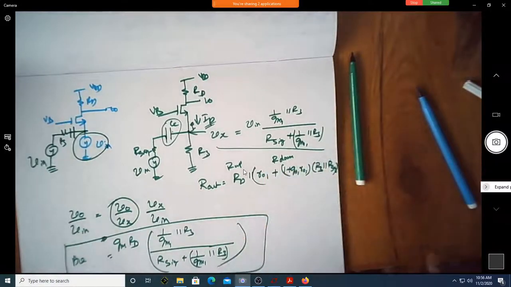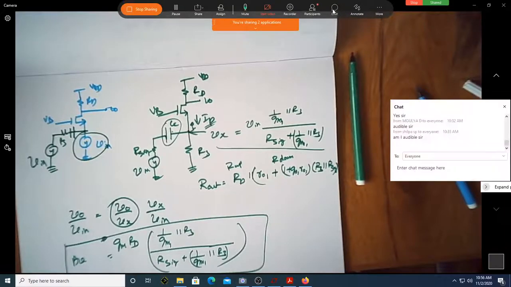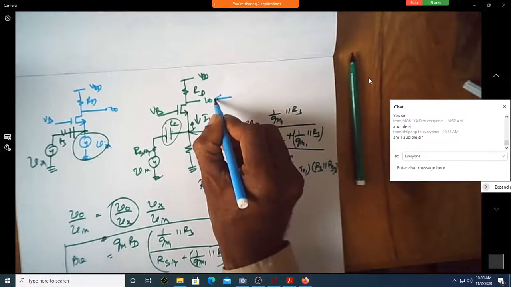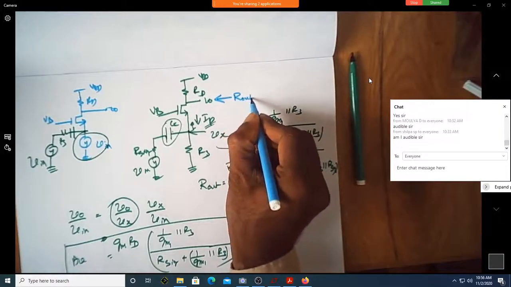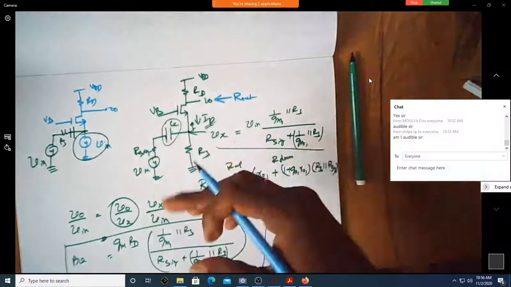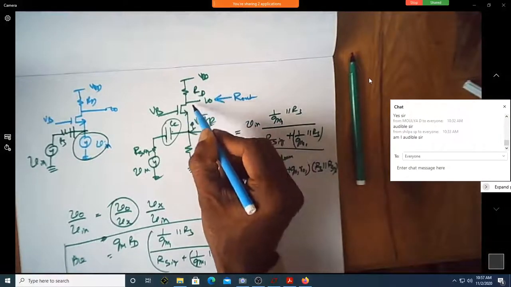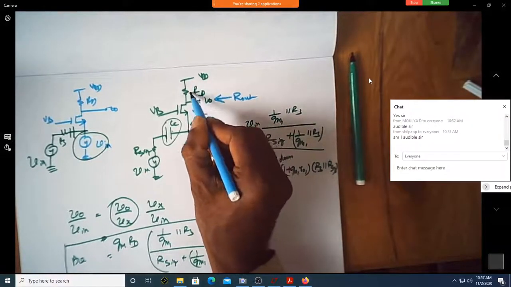Okay, let me know from the class. Are you able to appreciate how to find Rout? This is Rout. Sometimes I may say this is Rout dash, but Rout is what I'm looking at from here, which is nothing but this in parallel with this.